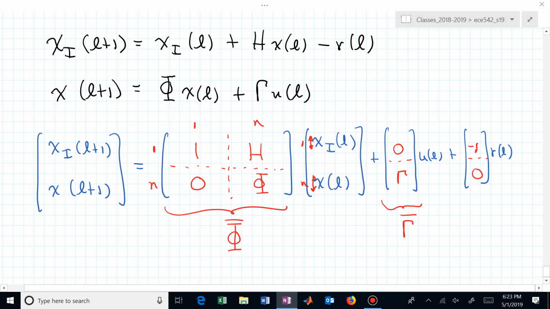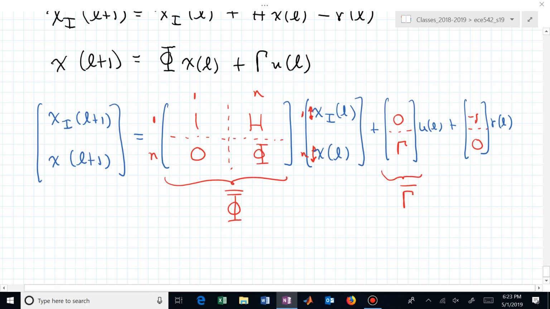H is 1 by n. We had one output, and phi is n by n. So this phi bar is n plus 1 by n plus 1. And the gamma bar has n plus 1 rows and 1 column, and the matrix that is multiplying the reference input is now 1 column wide and n plus 1 rows tall.